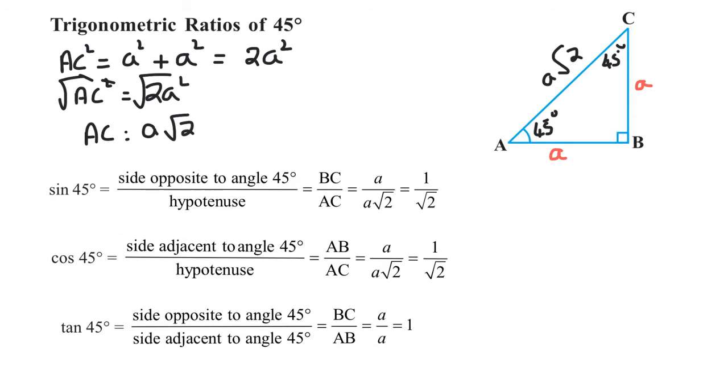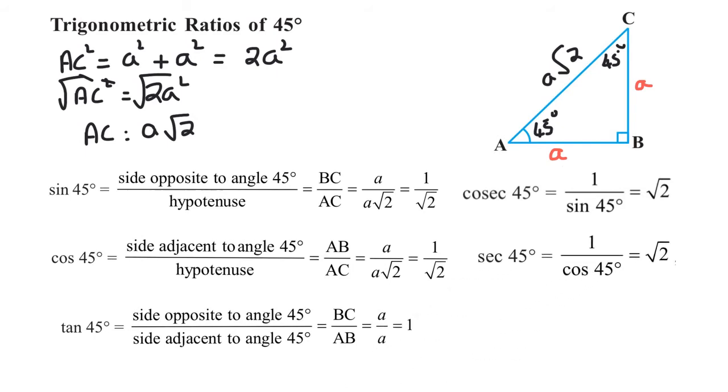So we know that cosecant is nothing but the reciprocal of sine. So cosecant 45 will be 1 over sine 45. If sine 45 is 1 over root 2, cosecant will be root 2 over 1, which is same as root 2. What is the reciprocal of cosine? It is secant.